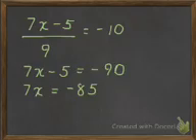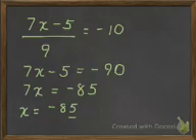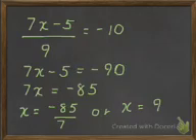Divide both sides by 7, we get x is equal to minus 85 over 7. And recall our previous solution was x is equal to 95 over 7. So the answer for this equation is x is equal to minus 85 over 7, or x is equal to 95 over 7.